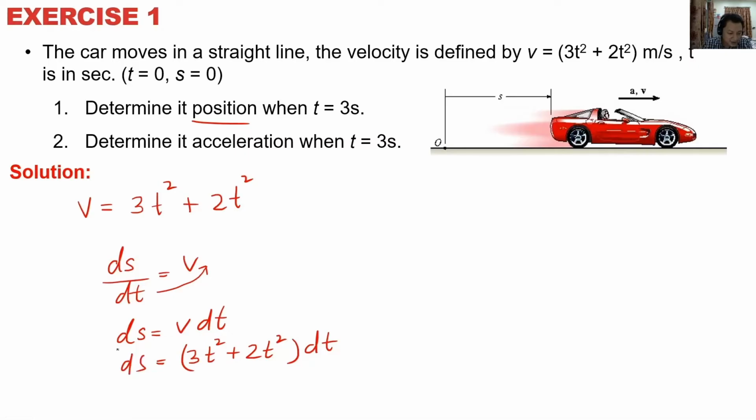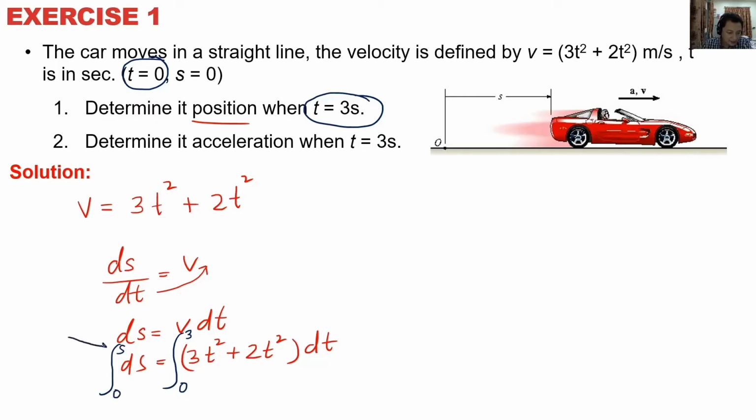So what do we do? We integrate. Originally time is equal to 0, final time is 3 seconds. So you plug in. Originally 0, final is 3. Original displacement is 0, final displacement is unknown.